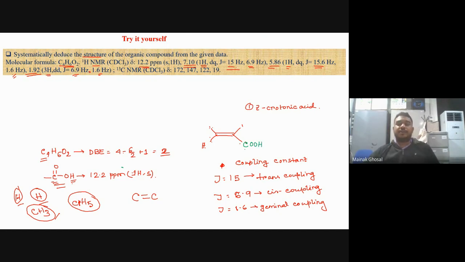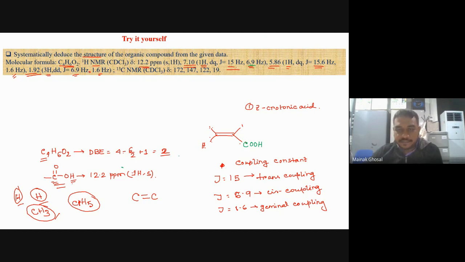Suppose I am placing it here. You can put it anywhere, because this is the carboxylic acid you are putting first. Now, you have one hydrogen and two hydrogens. You can see this one hydrogen is trans to one hydrogen, and also cis to one hydrogen.